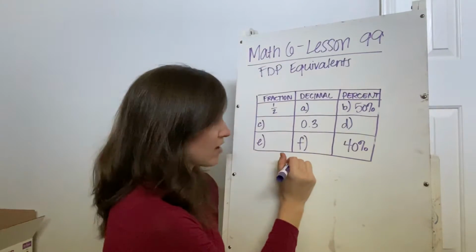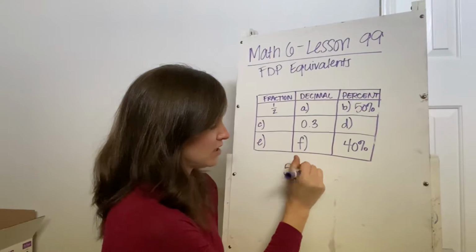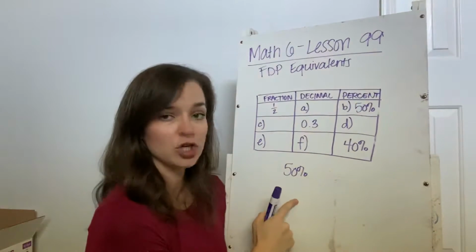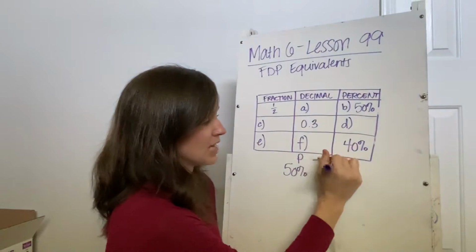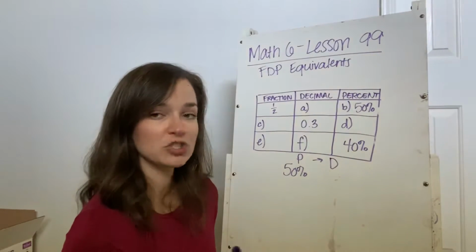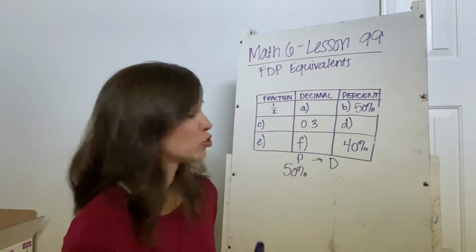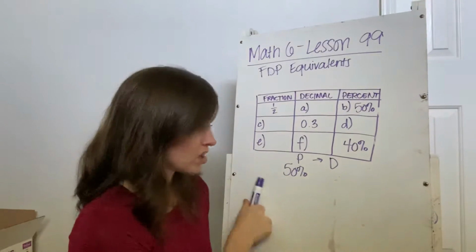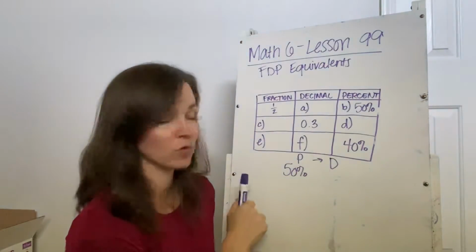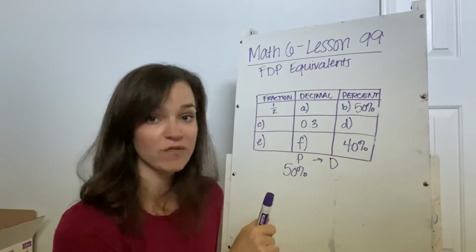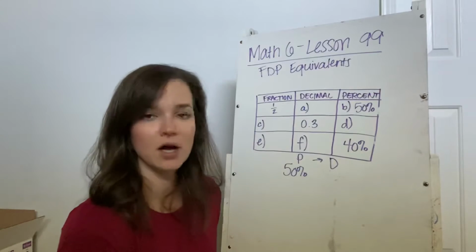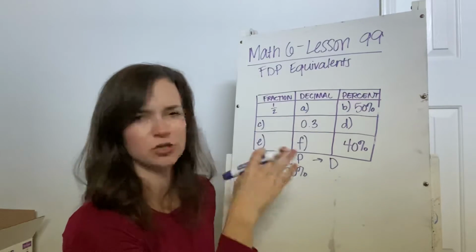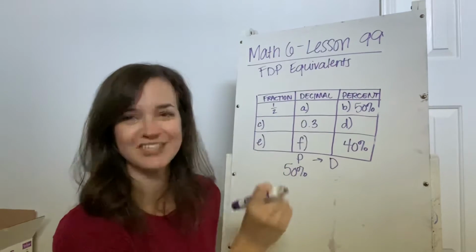If we've got a percent of 50%, to go from percent to decimal, you always just want to bump the decimal 2 places to the left, okay? We've looked at other ways of doing this, but this is how we're going to do it for today when we're trying to just get through a whole bunch of different representations.